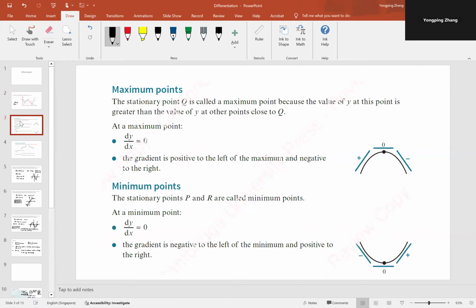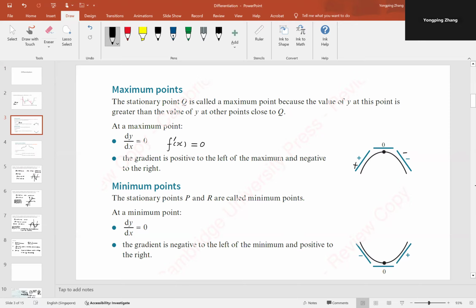We first see that for the maximum point, the first derivative f'(x) equals 0. This is the stationary point. For the gradient, this part is positive and this part is negative.